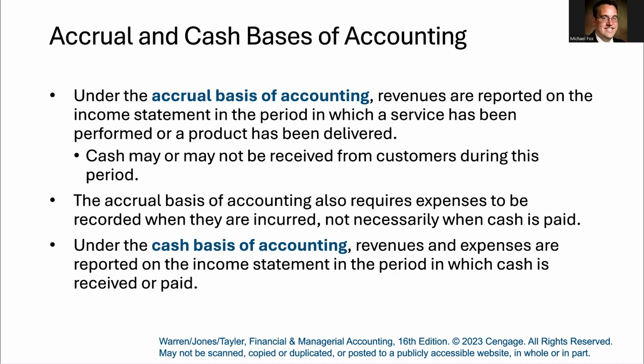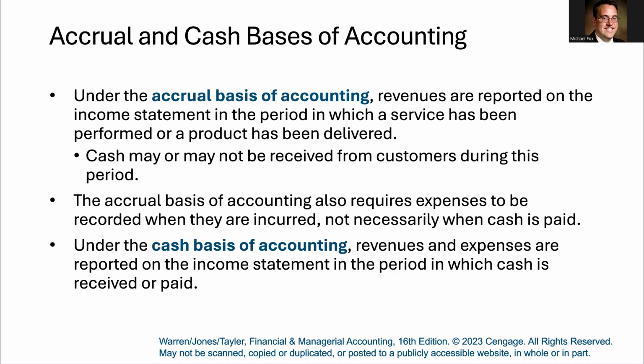So if we get paid in advance, then instead of recording that all as revenue, we actually record it as a liability called unearned revenue. And then as we earn the money, we create what's called an adjusting entry to move that unearned revenue over to revenue. Okay.